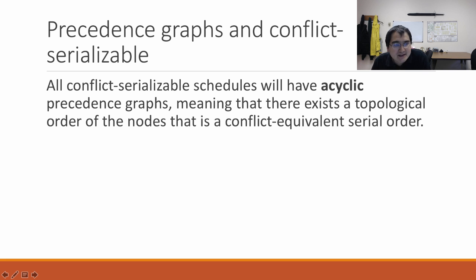If the graph is acyclic, it means there is some way to walk through the graph in a legal manner. And so it means that there is a topological ordering of the nodes. Now, if you don't know what topological ordering means, it basically means, is there a way to walk through the graph such that you always fulfill the dependencies, you always fulfill all of the nodes pointing at it first.